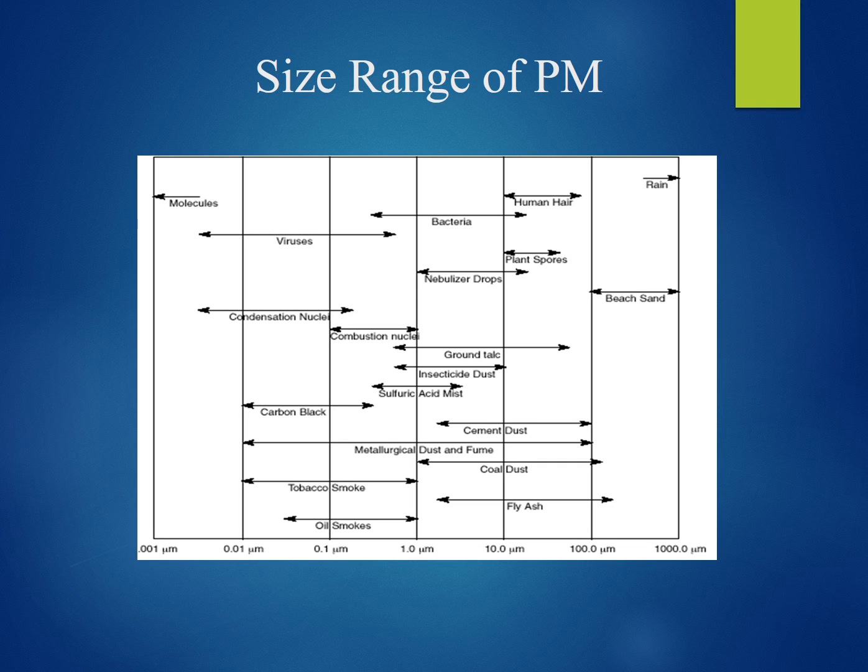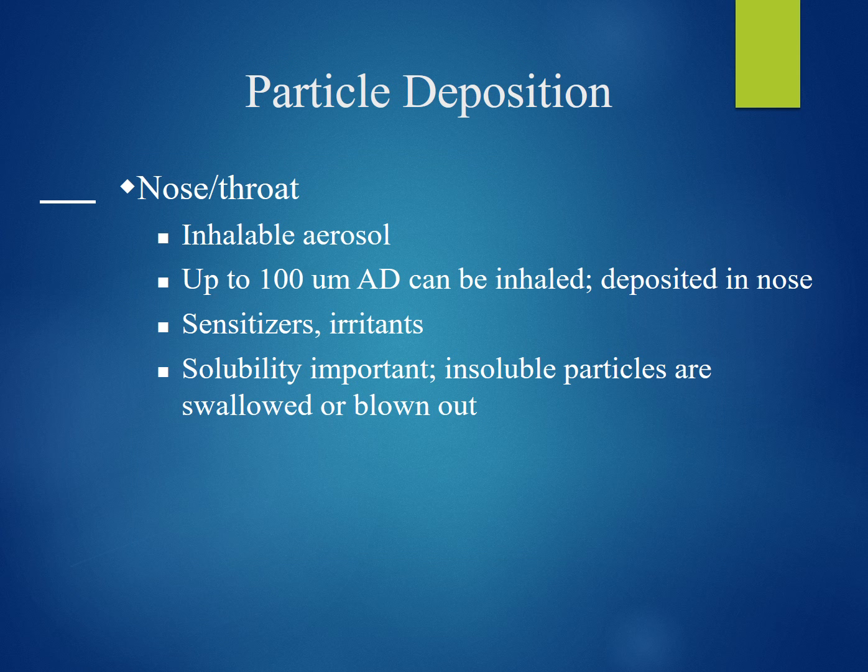This can be very helpful when determining what type of respiratory protection a worker may need, what type of local exhaust ventilation may be appropriate for a specific process, as mentioned in my toxicology lecture.